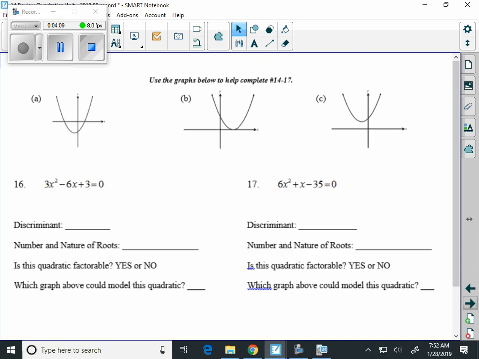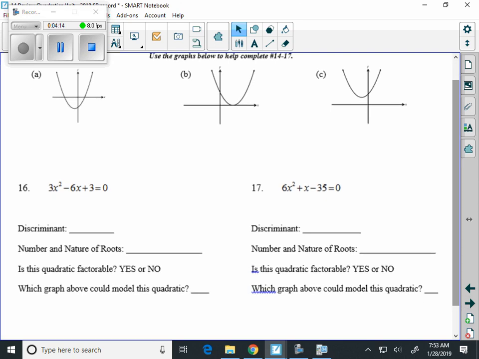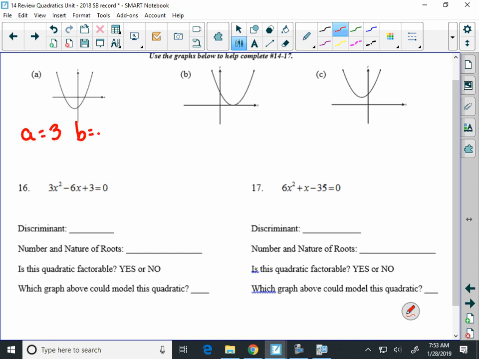Lots of practice on these types of problems here. We've got our pictures, and we want to identify what A and B and C are. I left myself a little bit more room on 16 and 17, but A is 3, B is -6, C is 3, and we're filling that back into the discriminant, and our discriminant is going to be -6 squared minus 4 times 3 times 3.